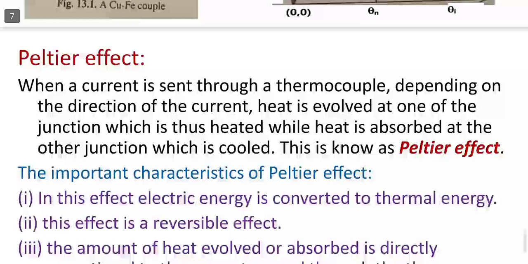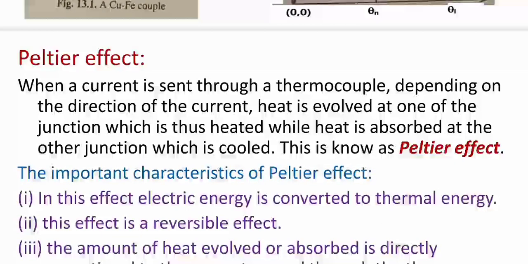The Peltier effect is another effect: when current is sent through a thermocouple, then depending on the direction of the current, heat is evolved at one of the junctions, which is heated, while heat is absorbed at the other junction. That means one junction is heated up and the other is cooled, so there must be a temperature difference.